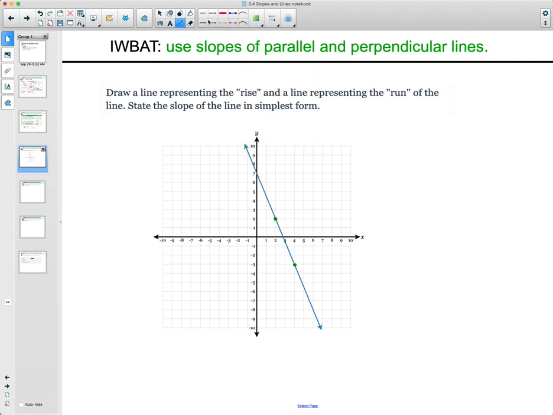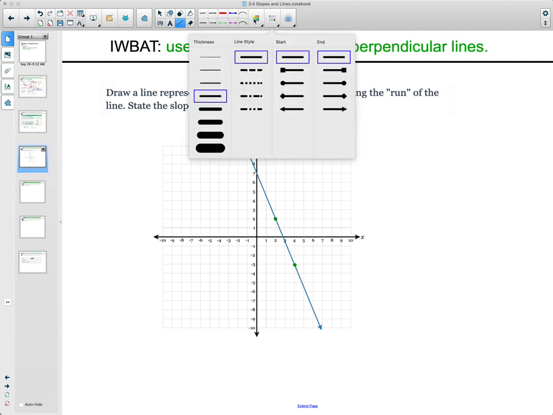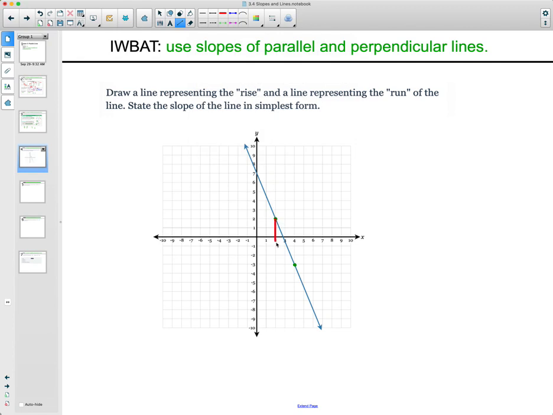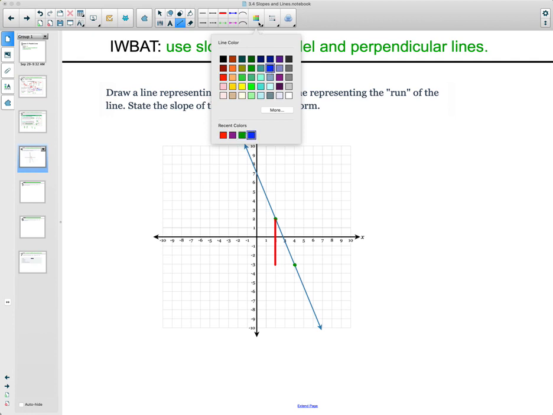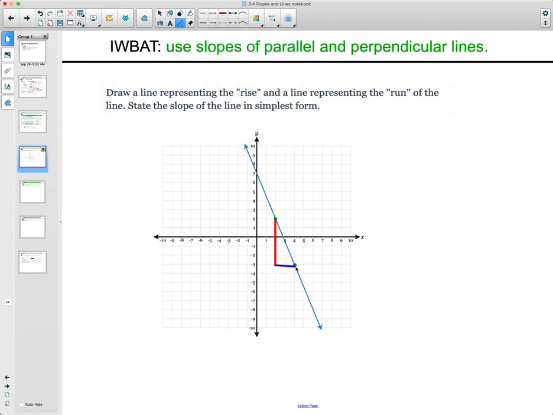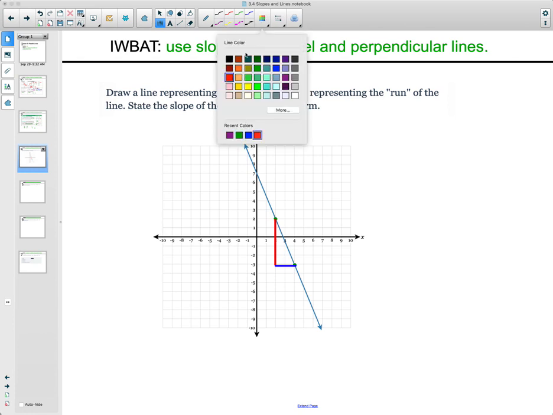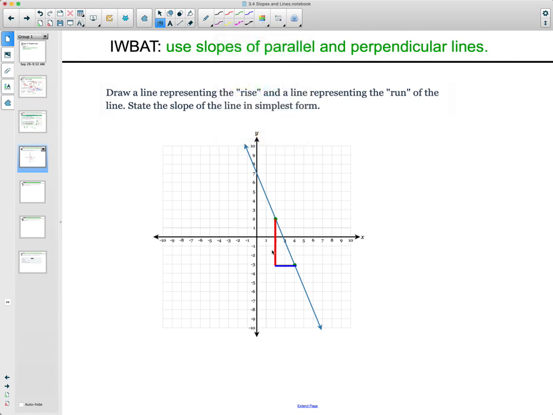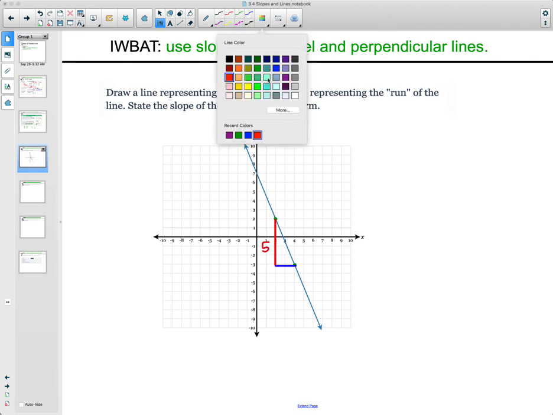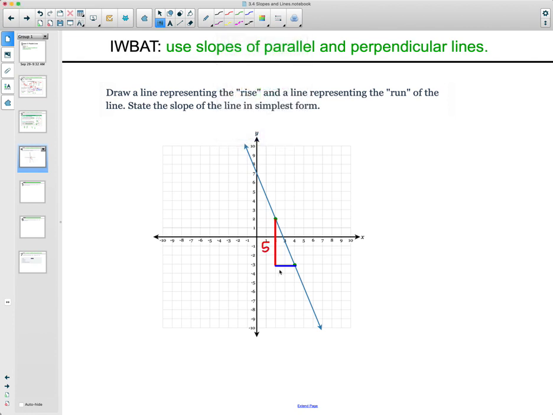And then you can go ahead and do your rise versus your run. So here's my rise, the vertical line, and then you want to do a run, horizontal line here. Then you'll count those. Figure out how tall this rise is: 1, 2, 3, 4, 5 units. And this run is 1, 2.